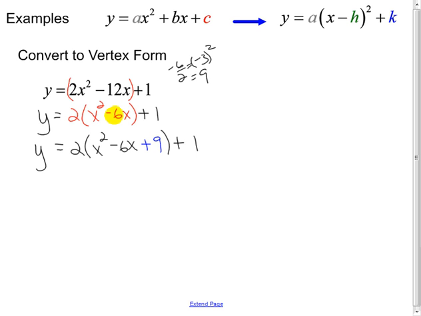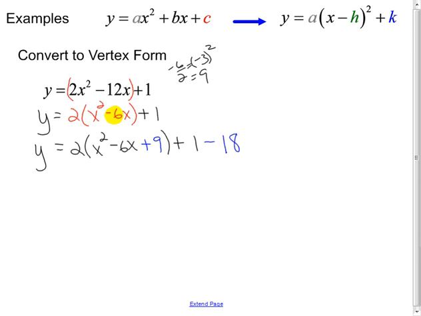So for me to subtract the result that I actually added, I don't subtract 9. I actually am going to subtract 18. Again, because when I added the 9, it was 2 times 9 because I factored out the 2. So now I'm subtracting 18. So this is really a net effect of nothing.